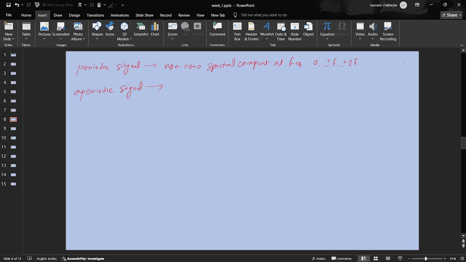I won't get to any Fourier transform expression, the maths, immediately. I'd just like to see whether whatever we have seen in the context of periodic signals and Fourier series representation can be extended to aperiodic signals. So just tell me one thing, what is the main difference between a periodic signal and an aperiodic signal?